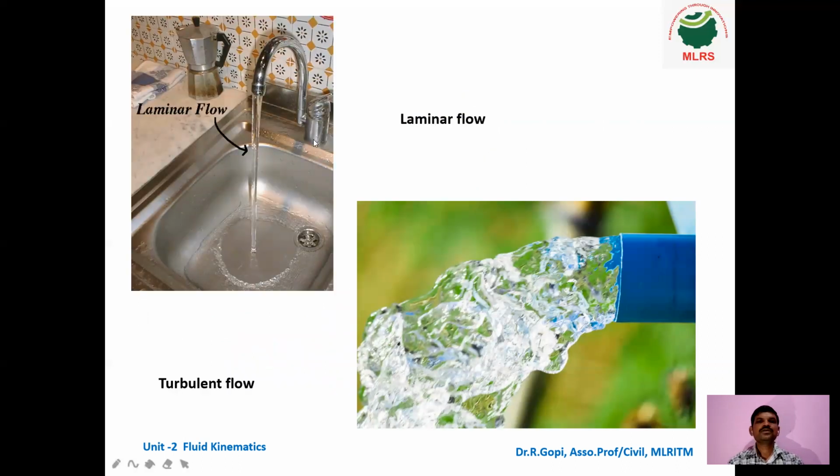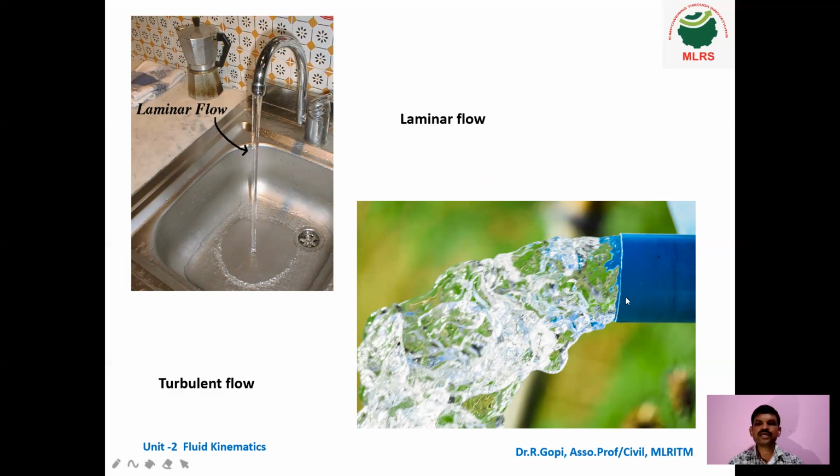Now you can see this is a sink tap. In that sink tap, the discharge and velocity are very low. So water is moving in a well-defined path, in a straight line. This is laminar flow. You can see the water flowing in a uniform manner, each fluid particle moving in a straight line.